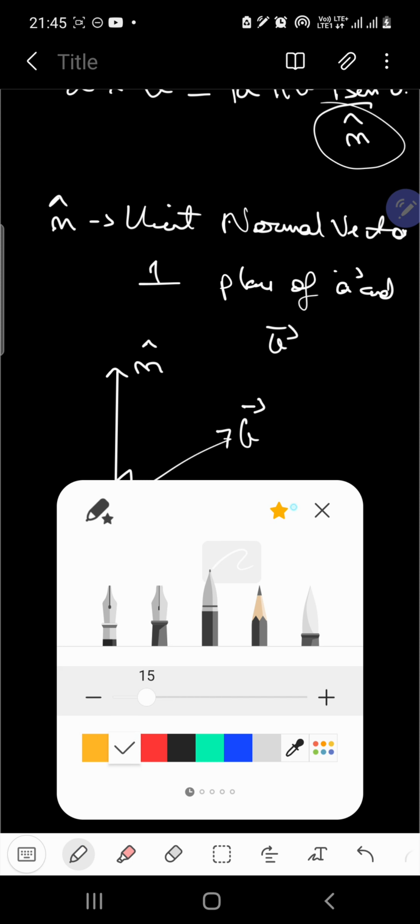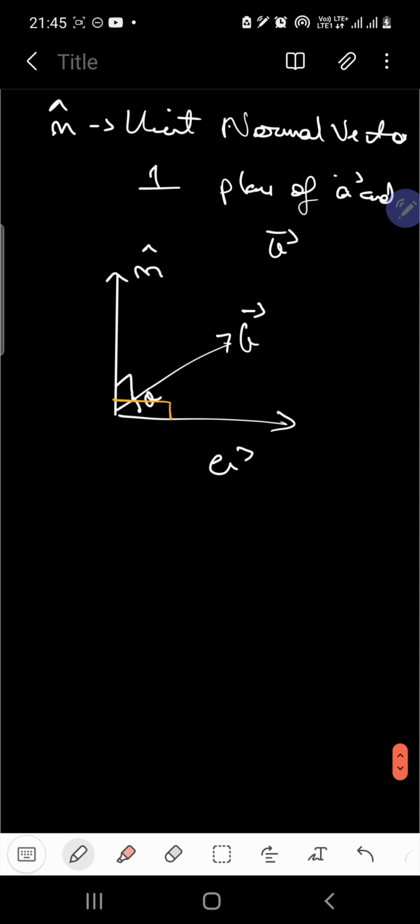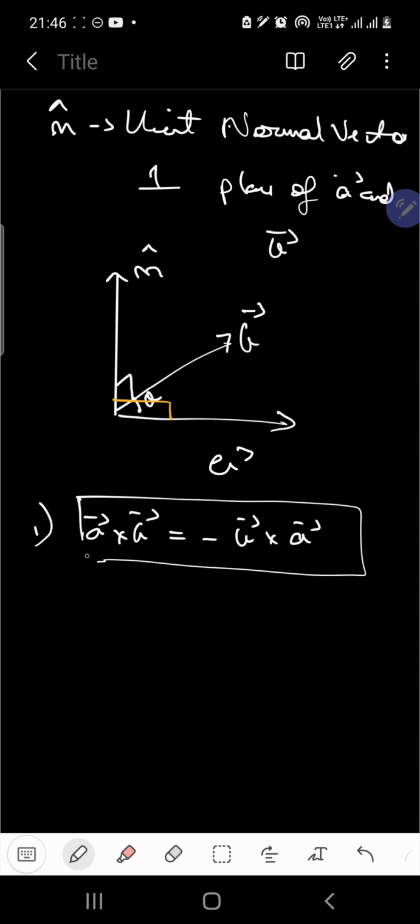Next we will be talking about the algebraic properties of the vector product. Vector product is not commutative. A cross B is equal to minus B cross A because the direction changes. It is distributive with addition.